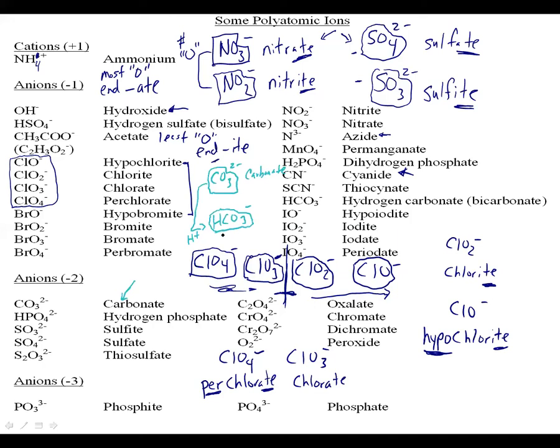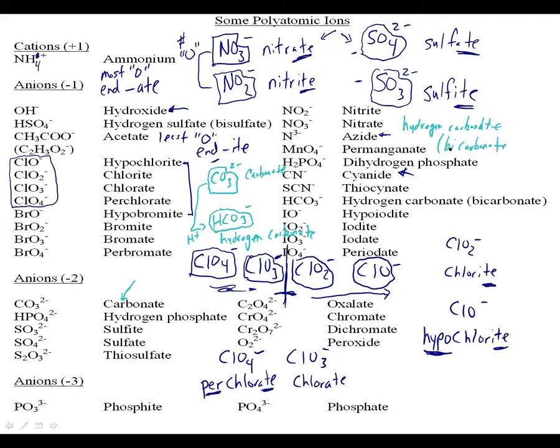So this is what is sometimes referred to as hydrogen carbonate. And hydrogen carbonate is also sometimes, instead of using the word hydrogen in a name like that, they will use bi and just call it bicarbonate.